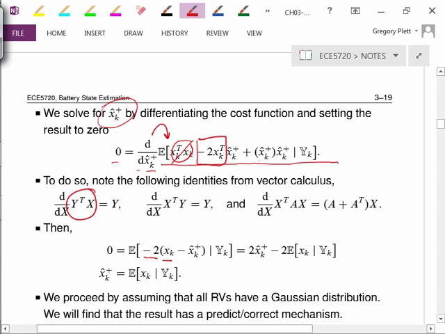And then I have x hat transpose x hat, which looks like this if A is the identity matrix. So over here on this side I've got identity plus identity transpose, which is 2 identity times x hat, or just 2 x hat. And so I've got minus 2x plus 2 x hat.